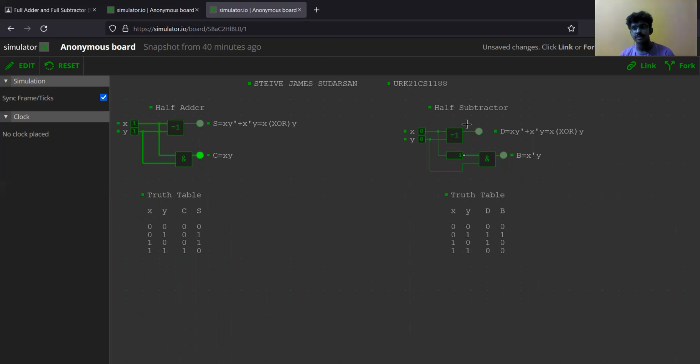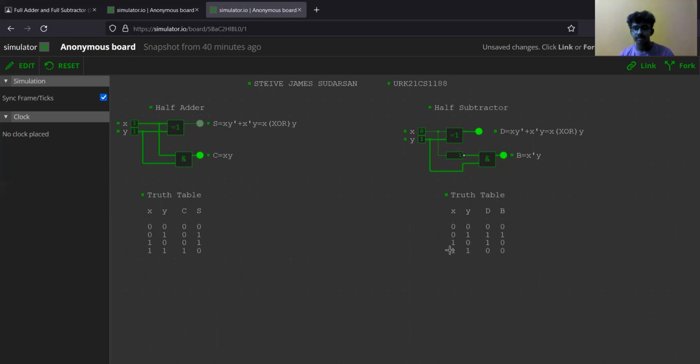Now we can go to the half subtractor. I am giving x as 0 and y as 0, so we get both values as 0 and 0. When I switch on y as 1, we see 0 and 1, where both bulbs glow, D and B, the difference and the borrow, representing 1 and 1.